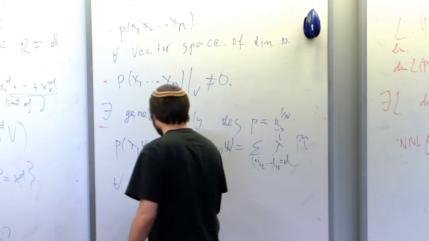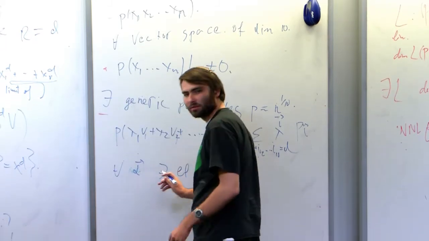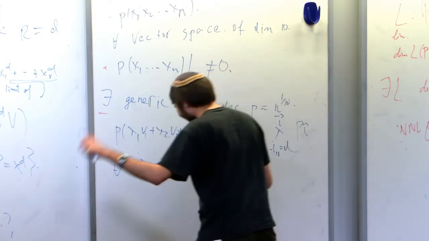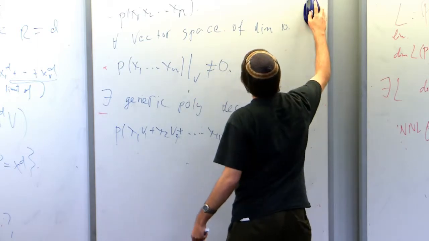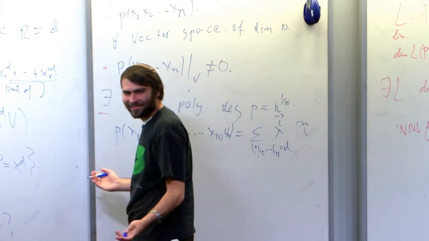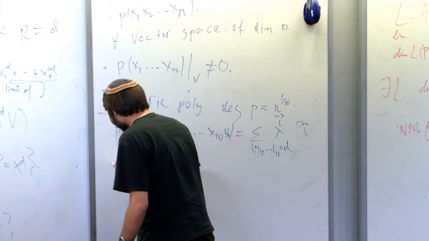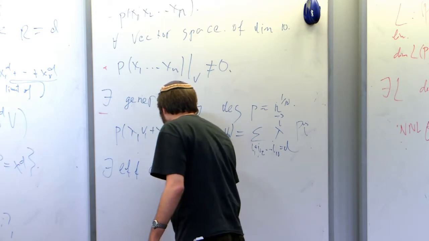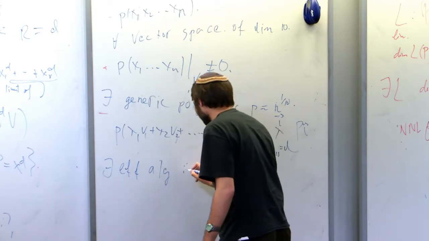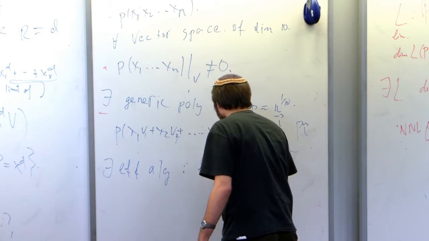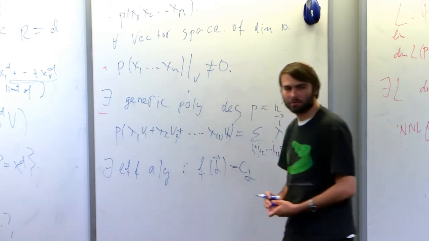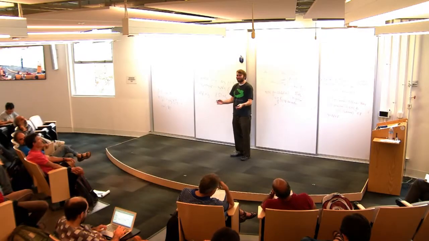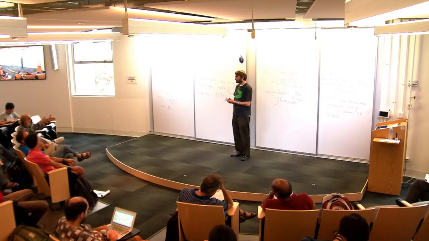there exists an efficient algorithm which, given the description of alpha, gives the coefficient c_alpha. Efficient means polynomial in the size of the input.